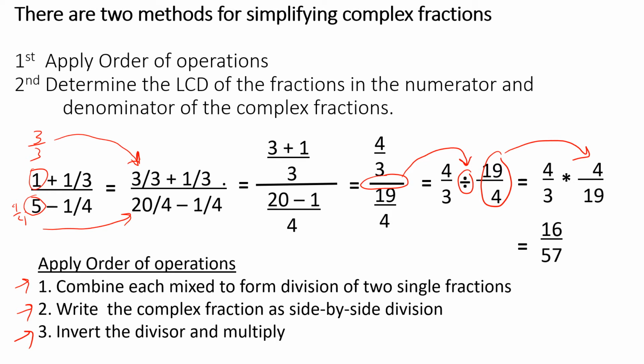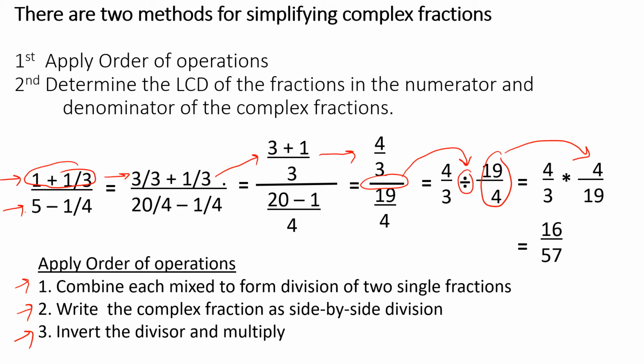I'm going to look at it one more time just so that you can see this, because maybe you're not following along. It's hard to tell because I can't see your beautiful faces. Basically, we took this top and changed it to have a common denominator, so that you can then add them together and get 4/3. Same thing here. We took the bottom and treated it like a separate problem.